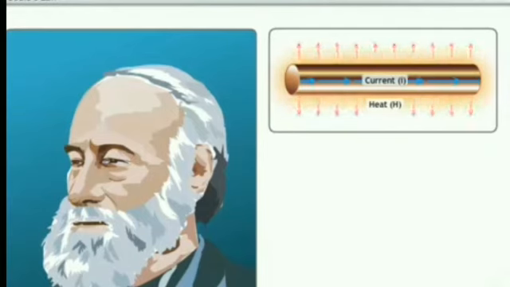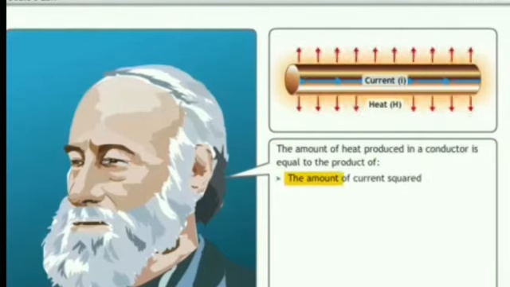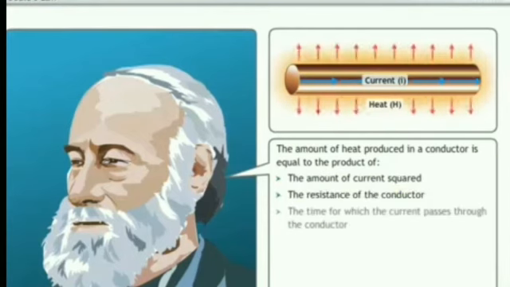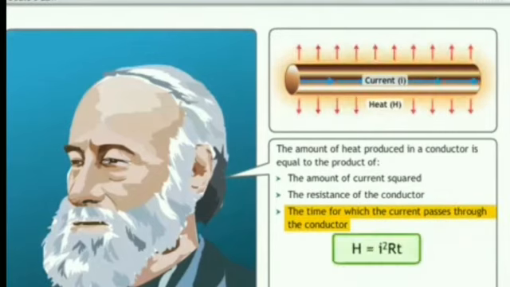According to this law, the amount of heat produced in a conductor is equal to the product of the square of the current, resistance of the conductor, and time for which the current passes through the conductor. And it is expressed as H = I²RT.